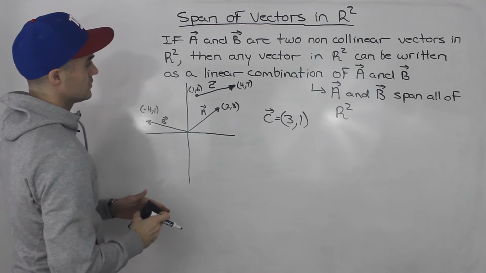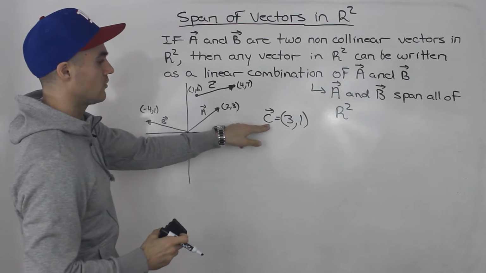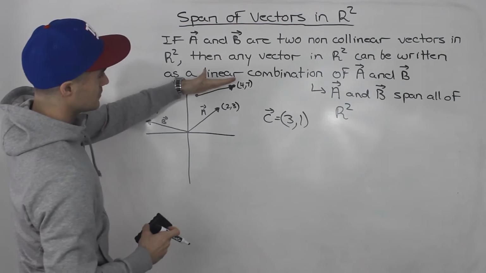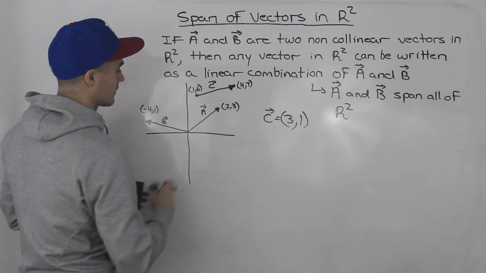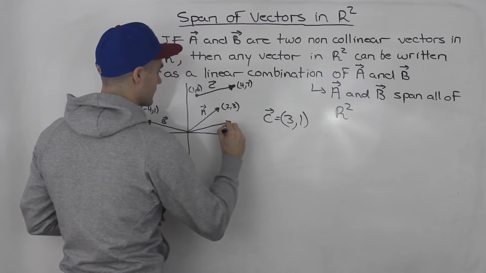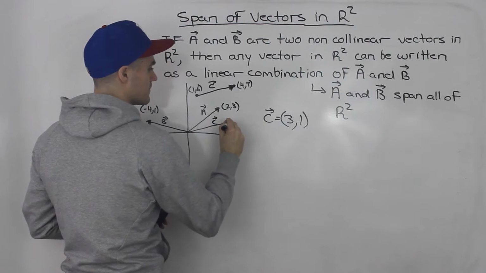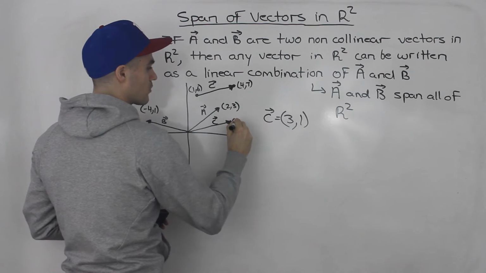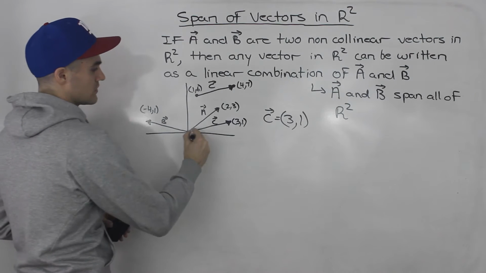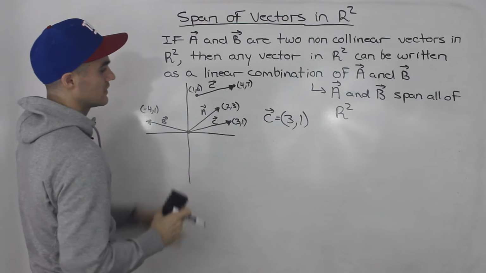Instead of drawing C up here, because it's in component form, the tail is going to start at the origin. So we can take this vector and shift it down here. Let's say this is C, right there. Now it's in component form (3, 1), where its tail is at the origin. They're both the same; we just shifted it down here.